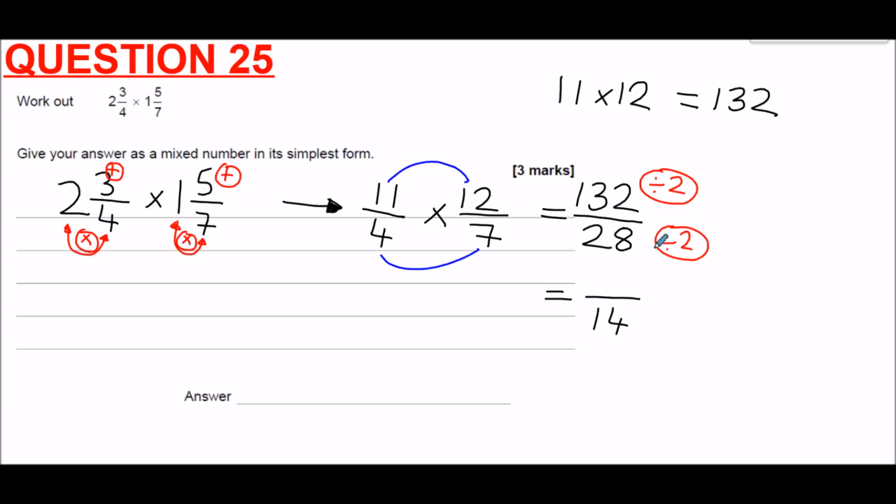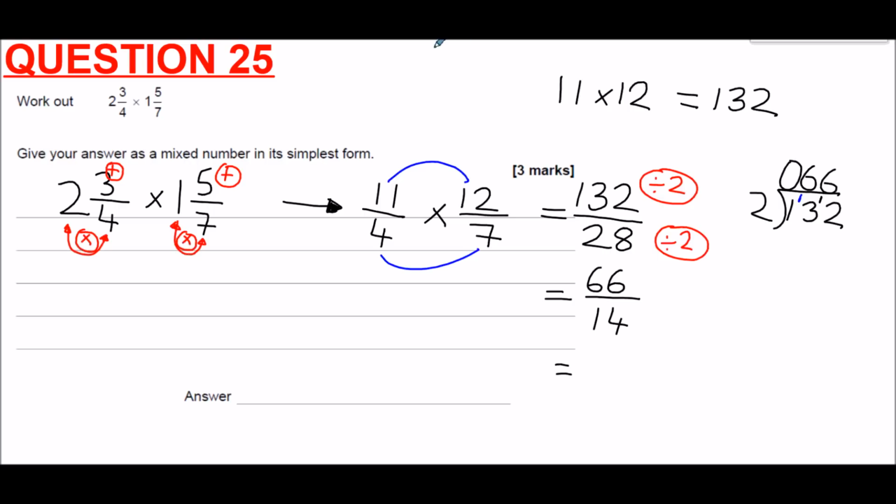Half of 132. If you're not sure, we can always just use a bus stop method, because it'll always work. 2 into 1 doesn't fit, so the remainder is 1. So now we've got 2's into 13. 2 goes into 13 6 times, with 1 left over. Now finally 2's into 12 is 6. So half of 132 is 66.